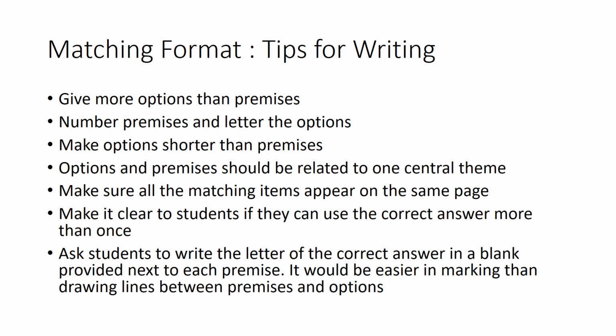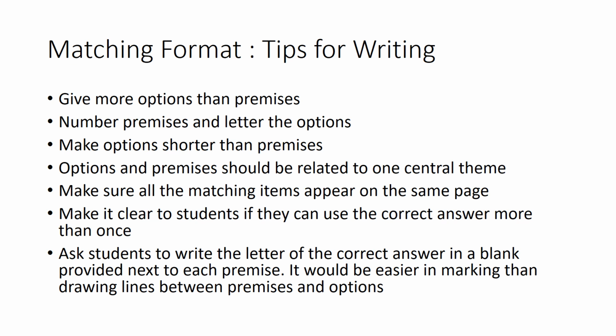It is not recommended. You should make each premise in the left column have only one key answer from the right column. But if you are obliged to do that, you should make this clear for your students.